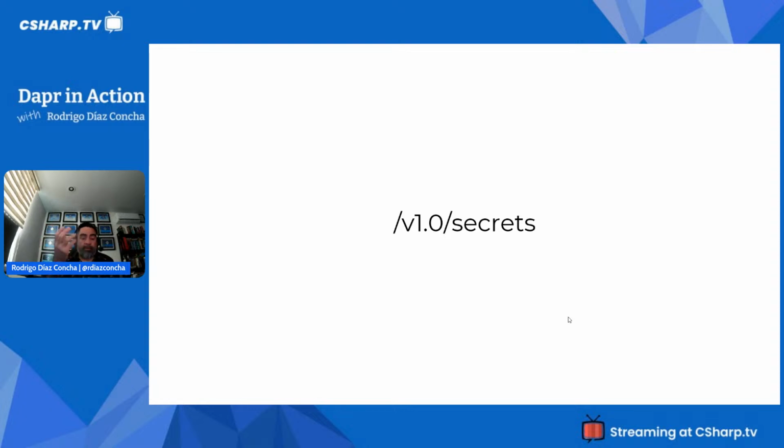This is the endpoint for obtaining the secrets and getting access to the secrets. And again, I've mentioned this before, I don't think that's a real world situation, since you have quite powerful SDKs for a lot of different programming languages and frameworks, such as the .NET one.